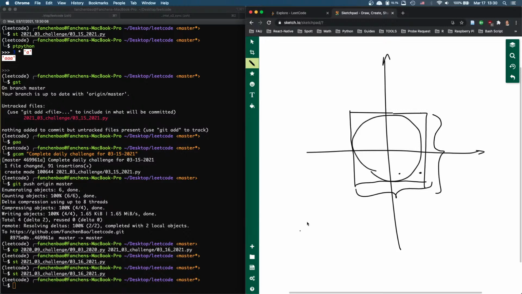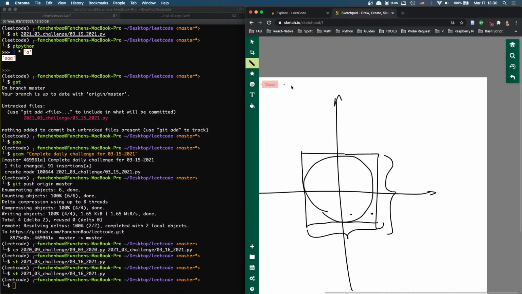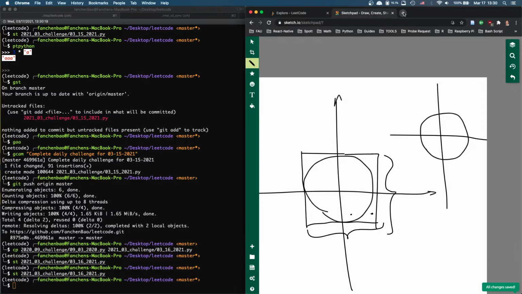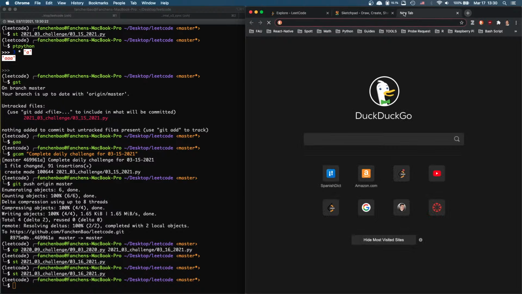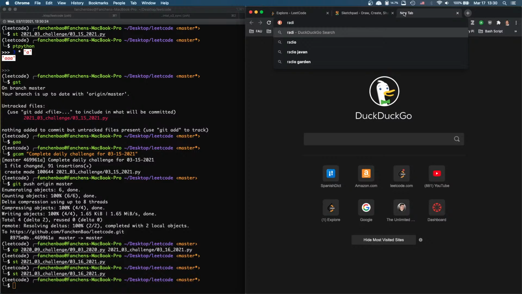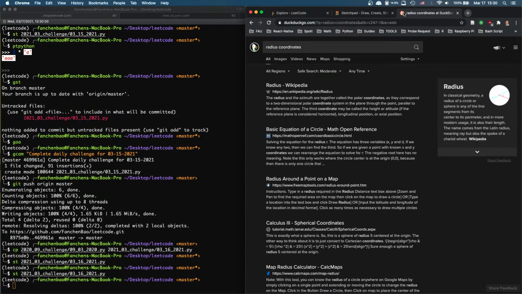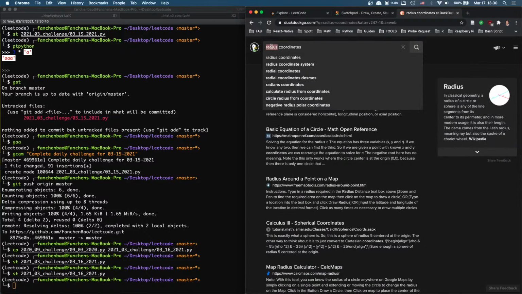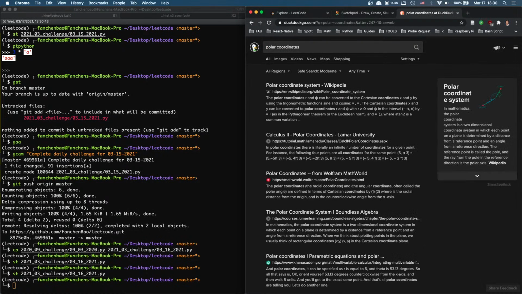So that's one idea. Now another idea, let's draw it here. Another idea is we have a circle, right? We use, how do we call it? The radius coordinates? Honestly, I don't know how we call this. Polar. Yeah, polar coordinate.